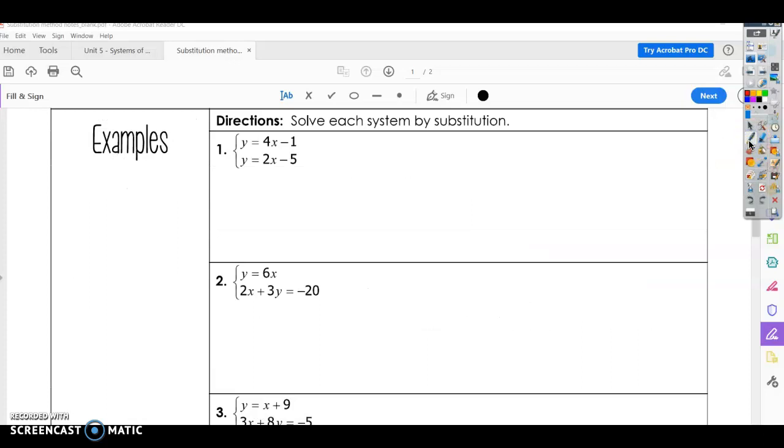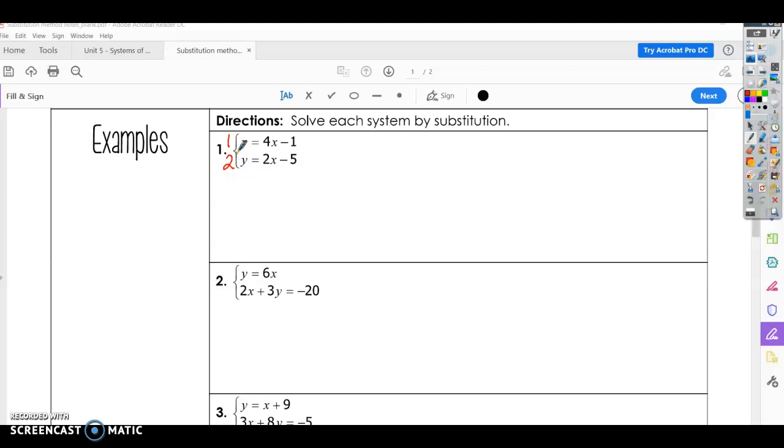Example 1, solve each system by substitution. We have two equations and they have the same two variables, so that means that we can solve this using substitution. I'm going to start by calling this equation 1 and the second one equation 2.